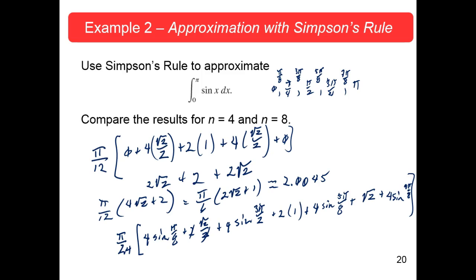So 8 times sine of pi 8ths plus 2 root 2, because those two are the same, plus 8 times, that's 3/8, not 3/2.